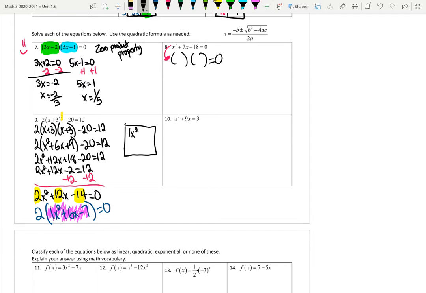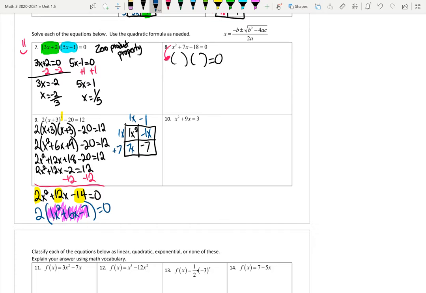1x squared, negative 7, and then I need to get 6x. How do I get 6x? Well, let's do 1x and 1x, and then it's going to be 7 and 1. I need a positive 6. So let me have my positive 7 be bigger, because 7 and negative 1 makes 6x.